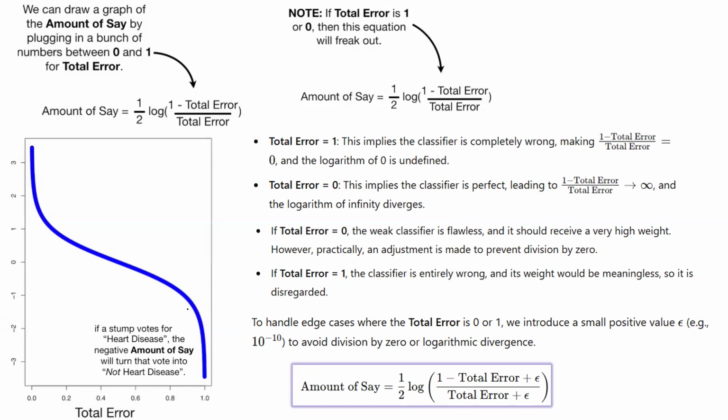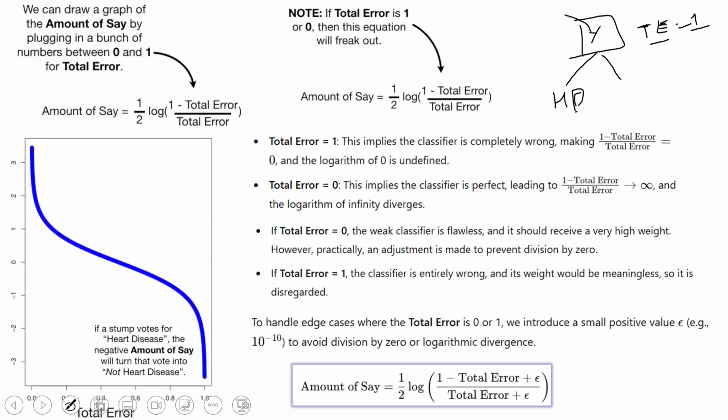Let's suppose I know a stump where total error is equal to 1, and you are passing some data to this. The total error for this is 1. That means every prediction that it made will be wrong. That is what total error equal to 1 means. So now if I'm passing a record to this and it is saying the patient has heart disease, how do I need to convert this?